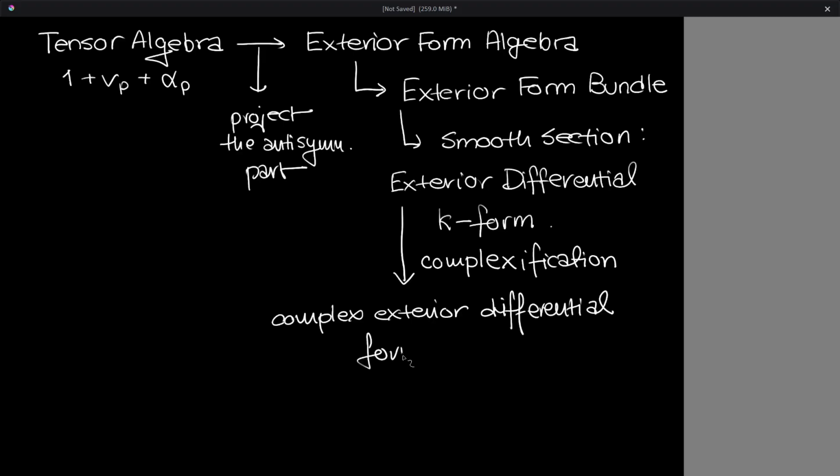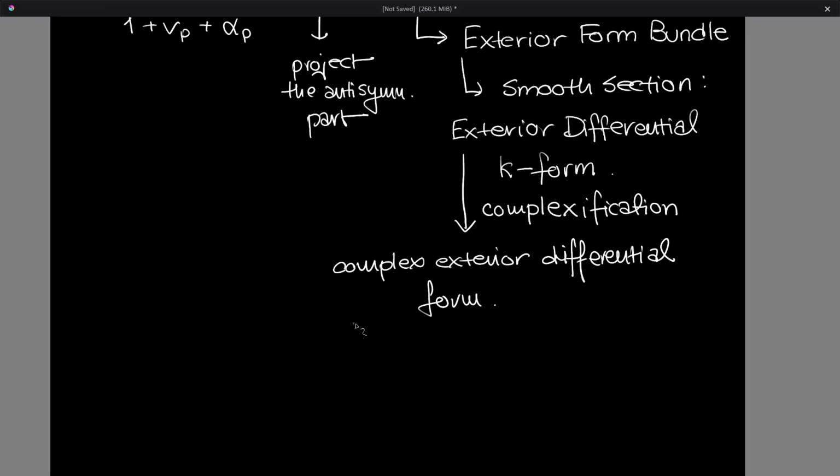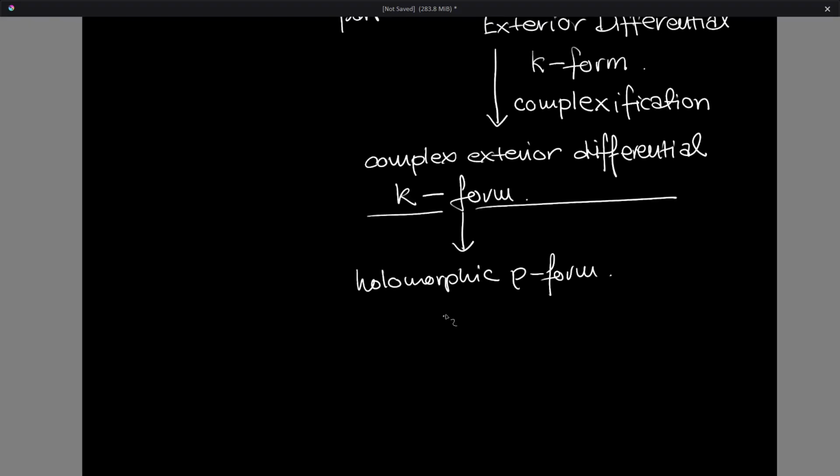And lastly, we looked at the fact that a complex differential K-form can then be broken up into a holomorphic P-form plus, or times, I guess, an anti-holomorphic Q-form.